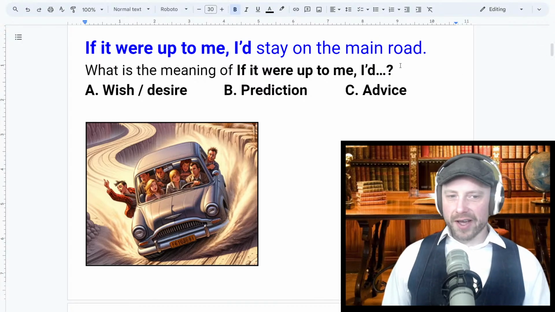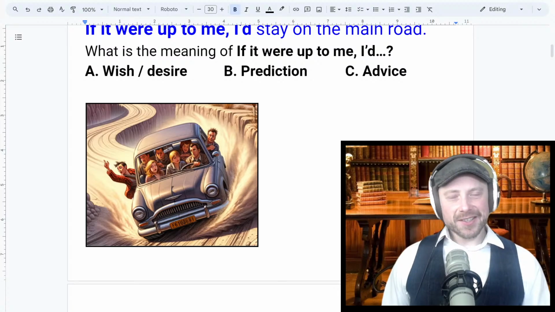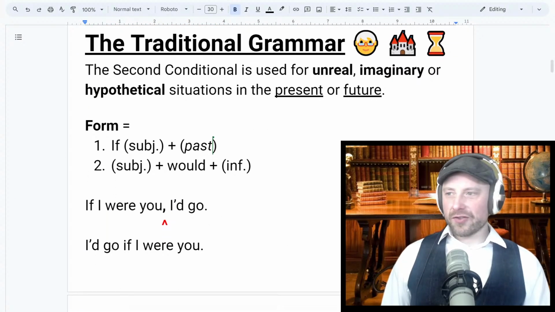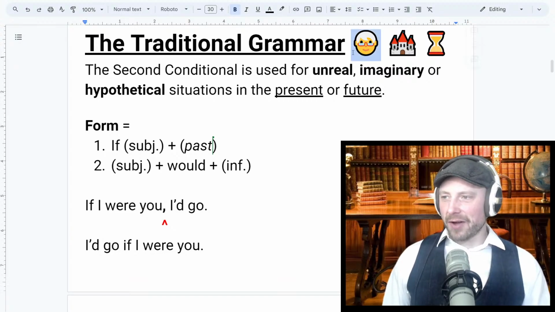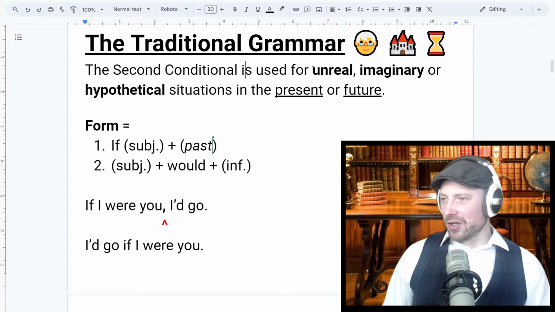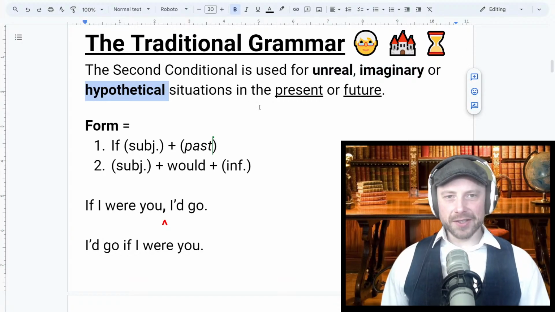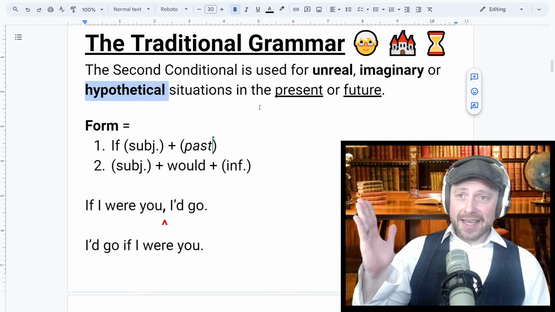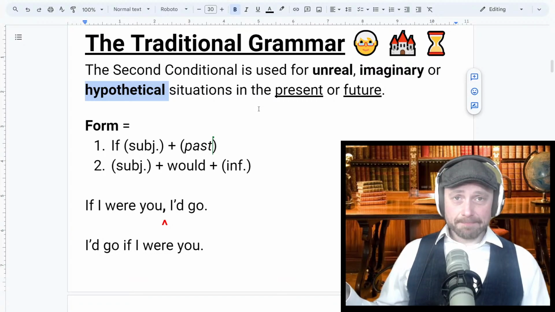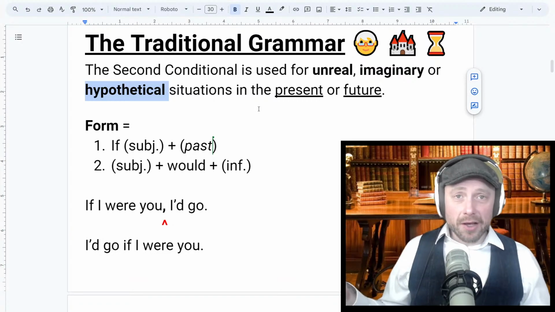Let's go over the traditional grammar of the second conditional, something I'm sure you probably already know. The second conditional is used for unreal, imaginary, or hypothetical situations. So if I won the lottery, this means I didn't win the lottery.